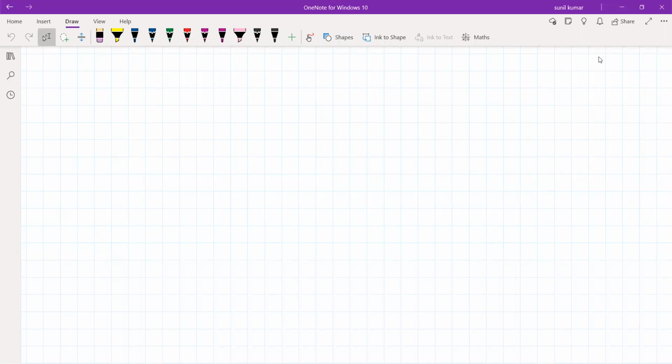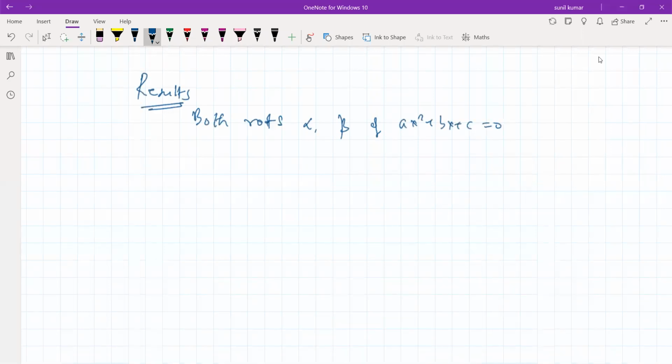Now the next concept is, both roots are positive. Let me take both roots alpha, beta of ax square plus bx plus c are positive, then sum should be positive and the product is also positive.